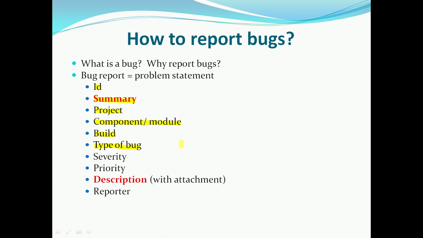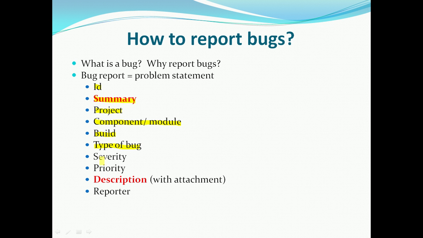That is an example of a security bug. So you can specify the type of the bug, whether it is a functional bug, a performance bug, a security bug, a usability bug or an accessibility bug. That will give additional information to the developers concerned to fix the bug by thinking of a suitable solution.